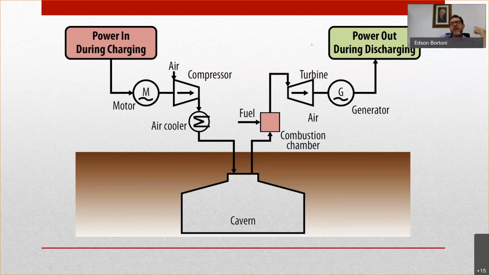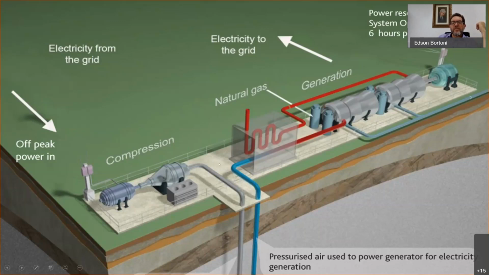Remember we have to compress air in the Brayton cycle. Now you can get compressed air from the cavern. So you compress air to the cavern, pass by a heater, and then you can generate.